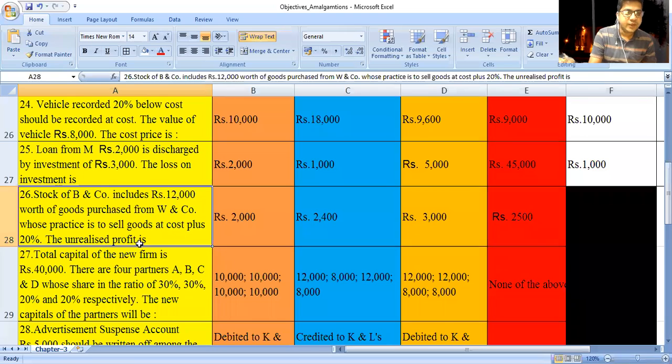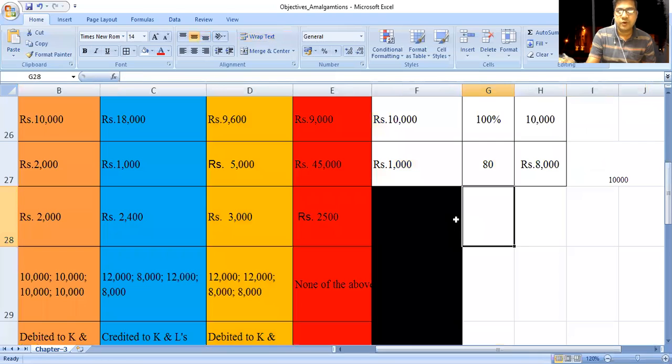So we have to find out the profit. I already informed you that whenever we talk about any cost, we have to consider cost plus 20%.